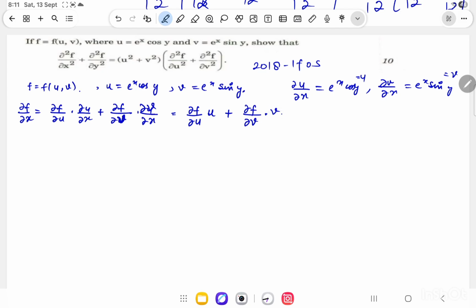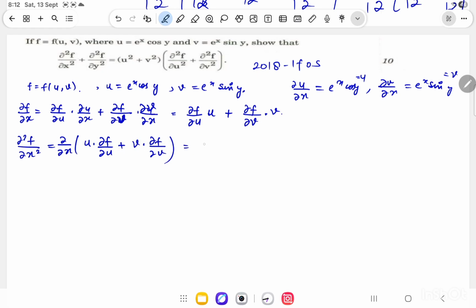From here, if I calculate del square f by del x square, I'll be getting del by del x of u into del f by del u plus v into del f by del v.